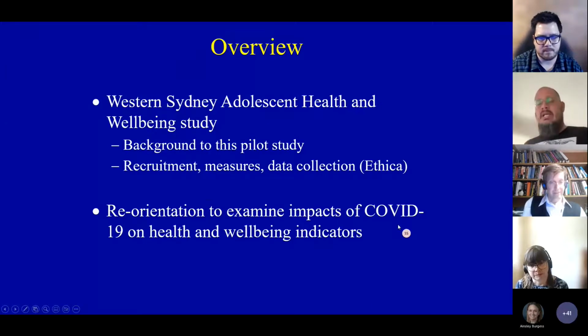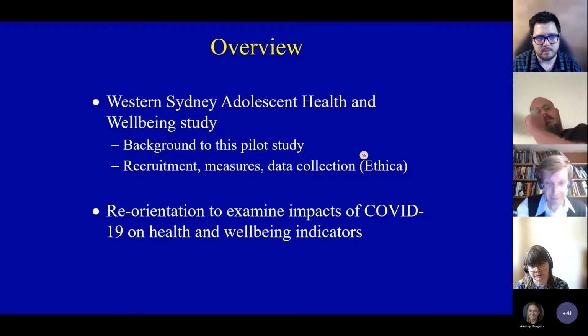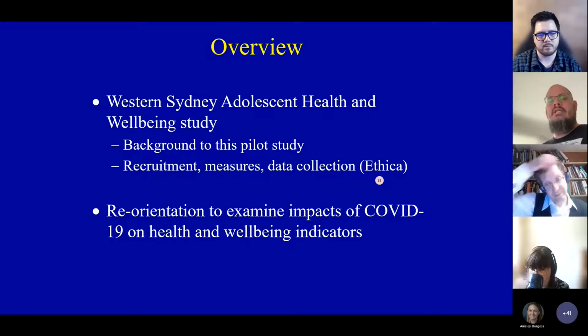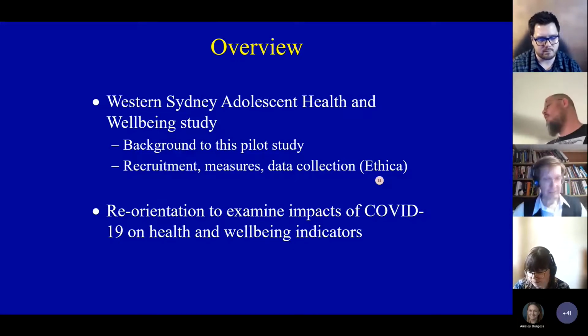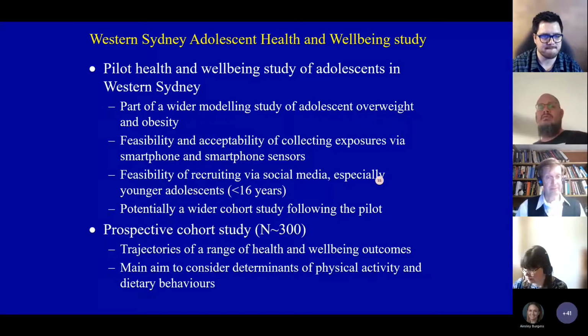We were conducting a pilot study on Western Sydney adolescent health, and then we were hit by COVID. So we started to use this data to study the impact of COVID and the lockdown policies on physical activity, well-being, and diet for these adolescents.